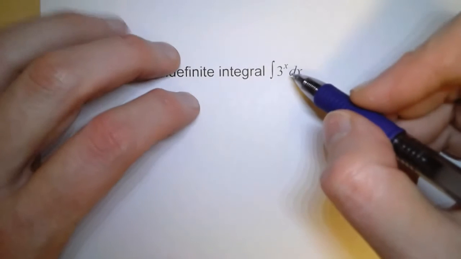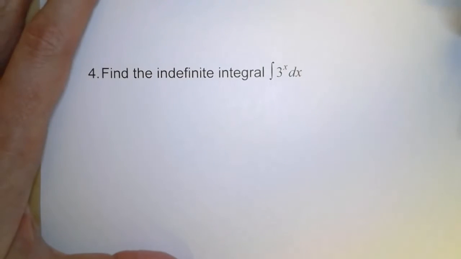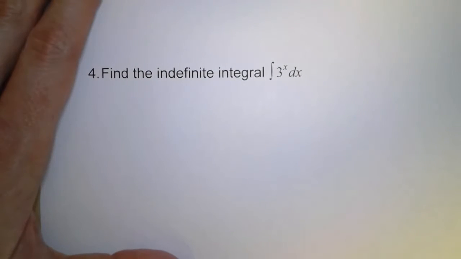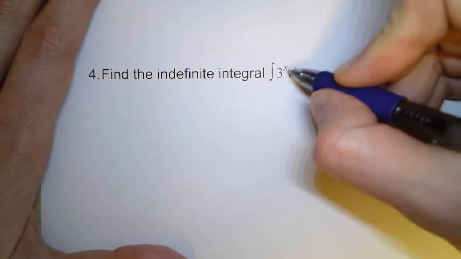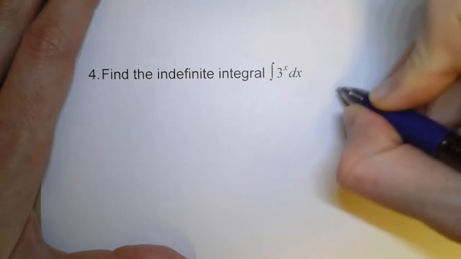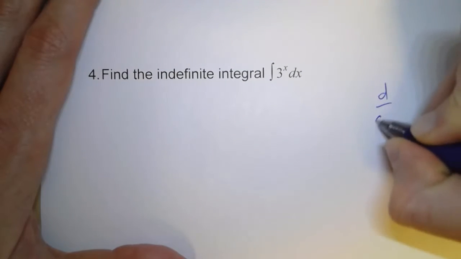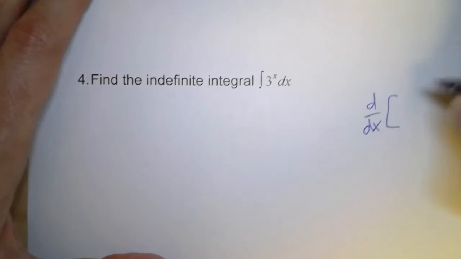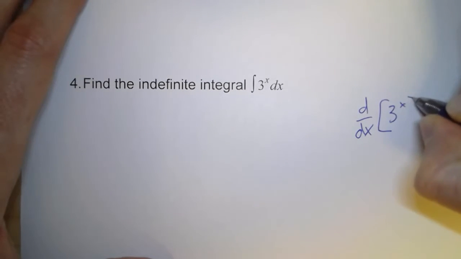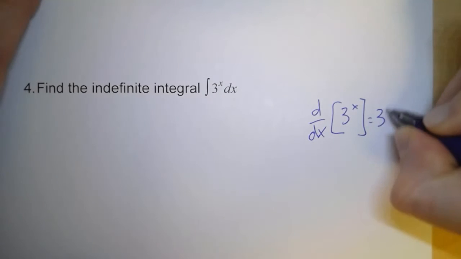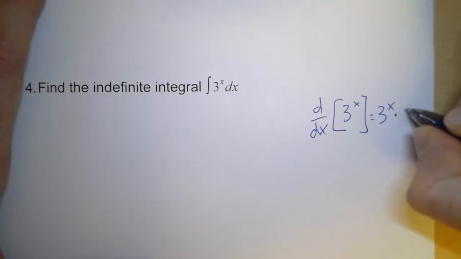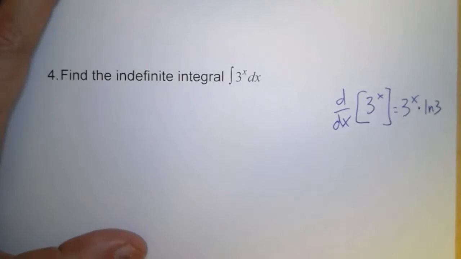All right. Now for the last one, here we have 3 raised to the x power. Now this is very similar to e, but the base is different. And so the difference is that the derivative of 3 to the x, if I write this over off to the side, is 3 to the x, just like e, but you multiply by ln of 3.